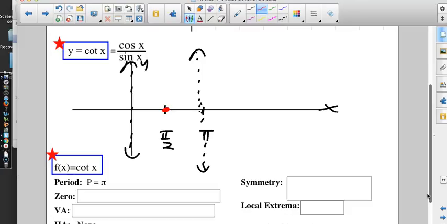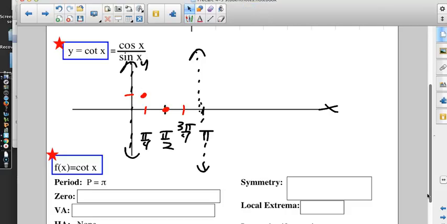But cotangent is always decreasing over its interval. So we cut this in half again and we get our little pi over 4. But that's going to be up here at 1. And then we can put our little 3 pi over 4 halfway between pi over 2 and pi.